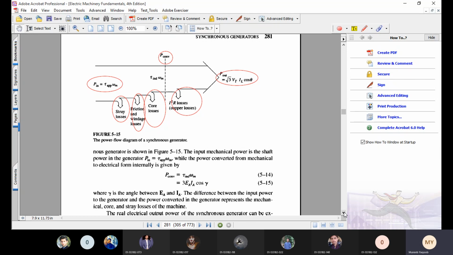So this is the power flow diagram of the synchronous generator, and at the output the power is written as root 3 Vt IL cos theta.